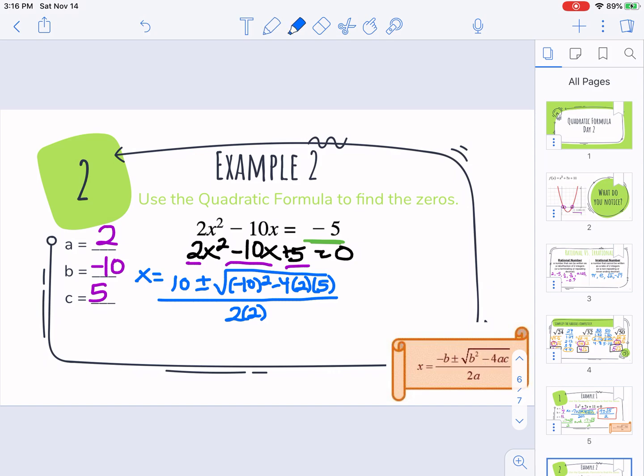Once again, the most important thing to do is to simplify what's under the square root. So we have 10 plus or minus the square root. Negative 10 squared is 100, and 4 times 2 times 5 is 40. So we have 100 minus 40, which will give us the square root of 60, divided by 4.